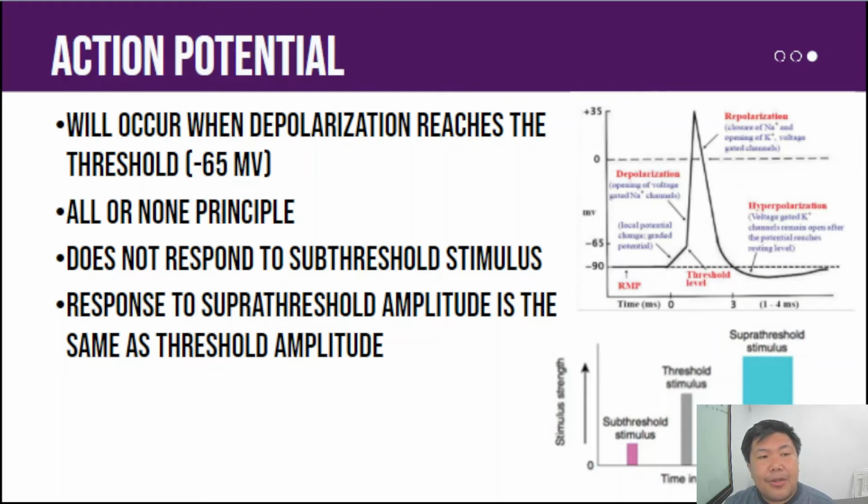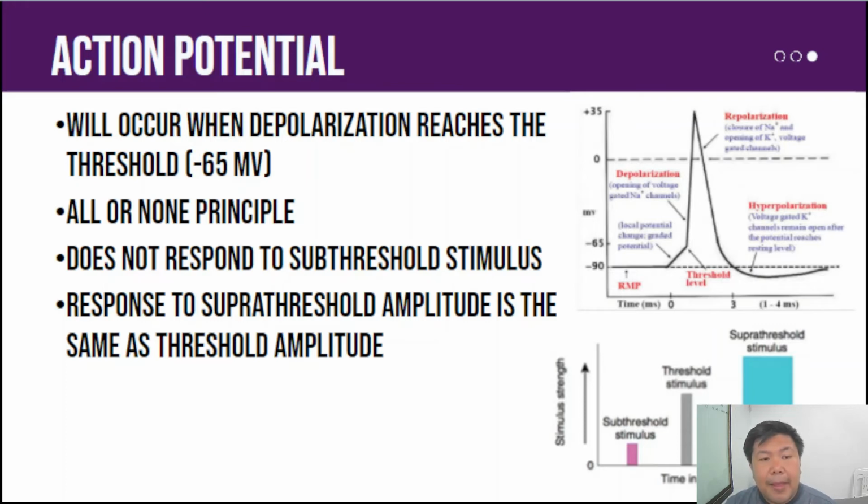Now, look at this. An action potential will not respond to a sub-threshold stimulus. Meaning, kapag ang isang nerve ay stimulate mo using a sub-threshold, meaning below the threshold, hindi ka aabot sa negative 65, walang mangyayari. You will remain as a local potential.